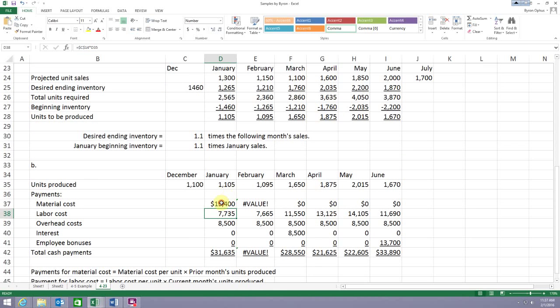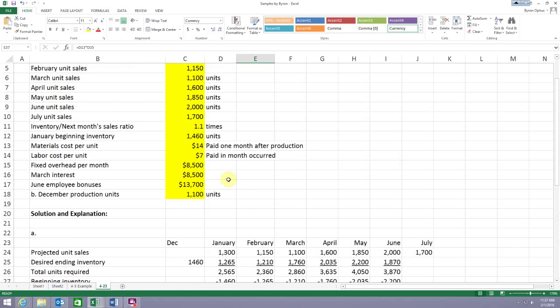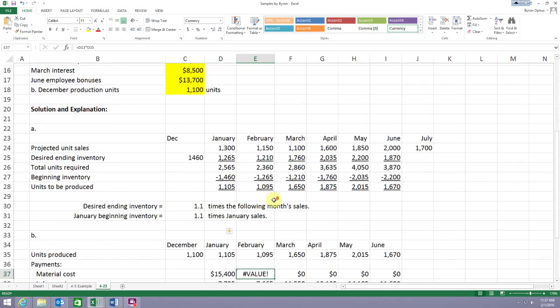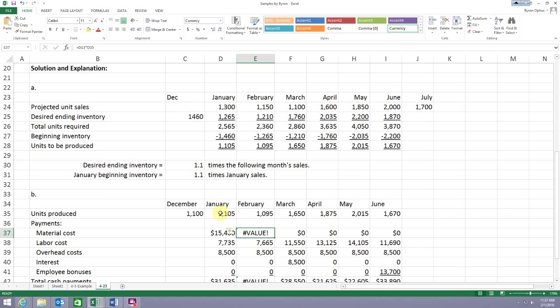Okay, and that's going to put that there. Now watch, when I drag that, what it's going to do for this one is it's going to come up and it's going to say then C13 times this month's production. Okay, and we'll see if that works. Hopefully it does. Boom, we'll go there, and voila, it worked.